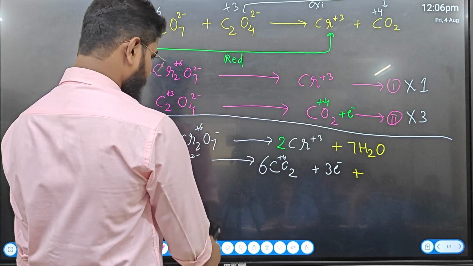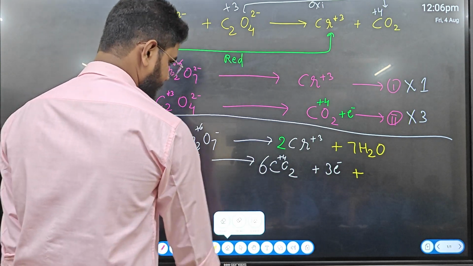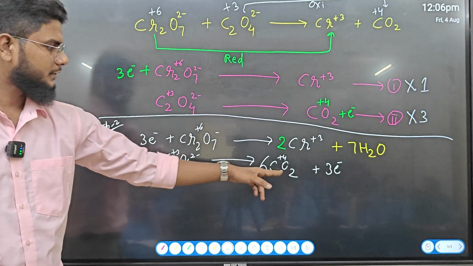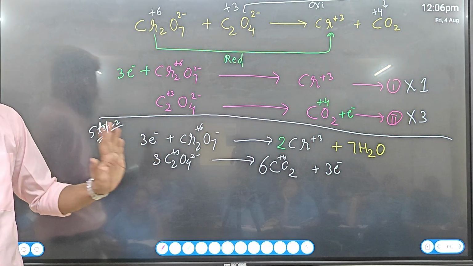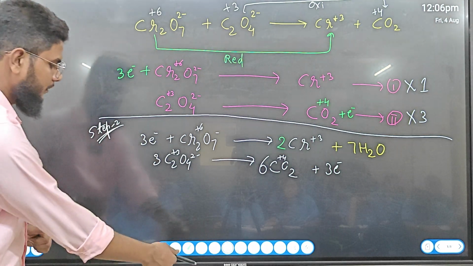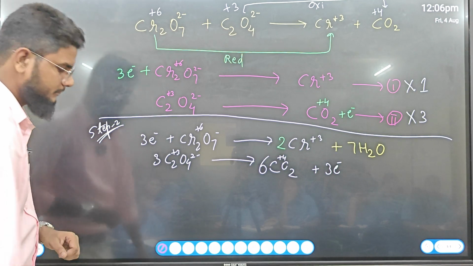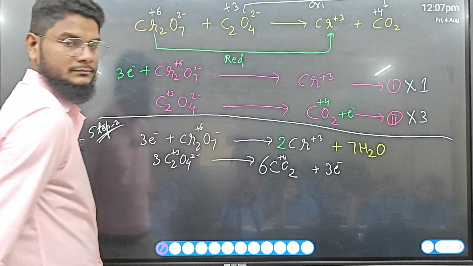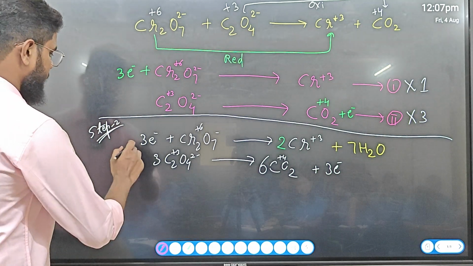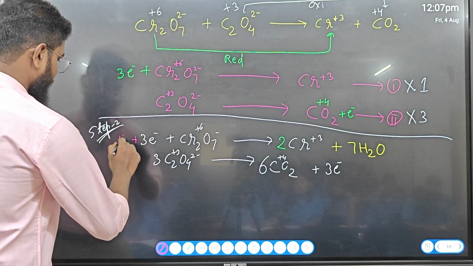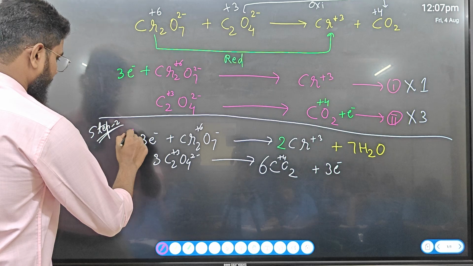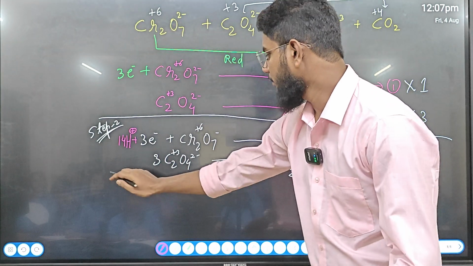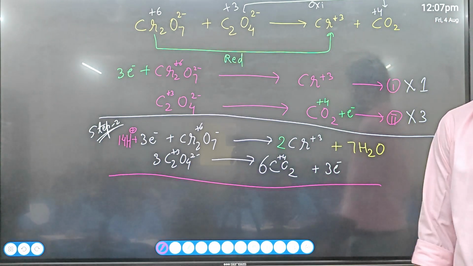So here oxygen is already balanced. You can see 6 times 2, 12. Oxygen is already balanced. Now you have to balance the number of hydrogen. How many hydrogens here? 14. You have to add 14 H plus. Done, right?